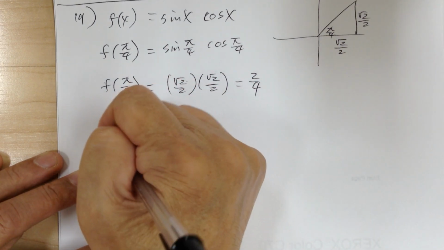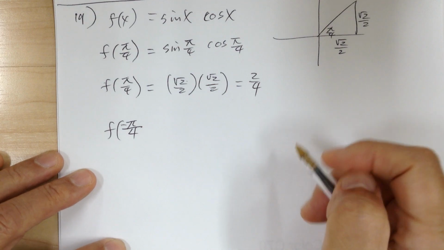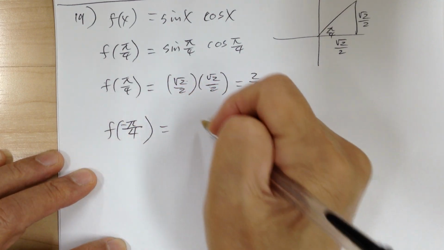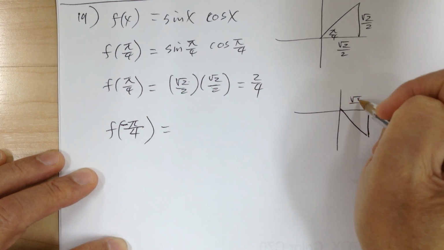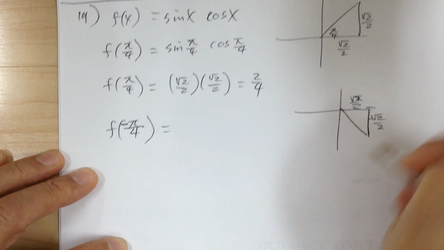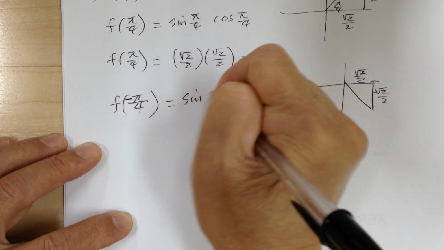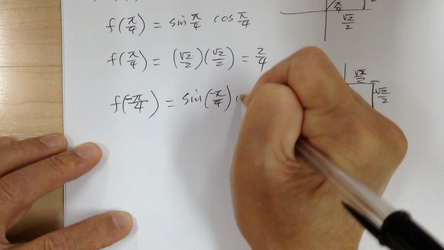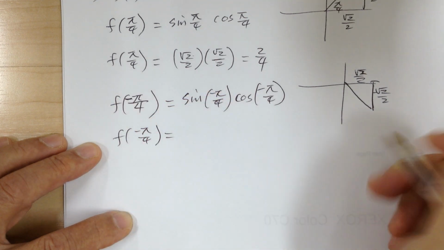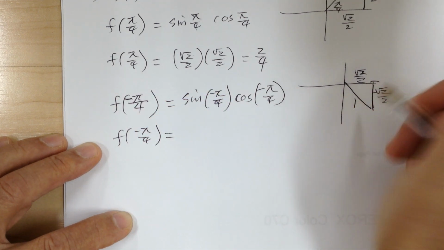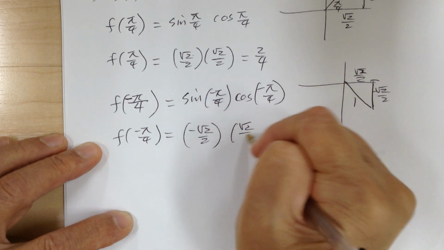Now let's try f of negative pi over 4. Negative pi over 4 is down here, so sine of negative pi over 4 is negative square root of 2 over 2, and cosine of negative pi over 4 is square root of 2 over 2.